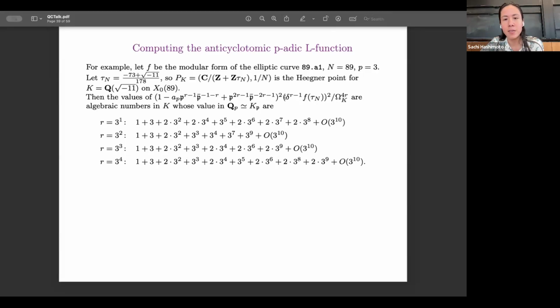And then rather than printing for you the values of just the Shimura–Maass derivative of f evaluated at the CM point, first I'm going to normalize that by the appropriate period, and then I'm also going to square the whole thing and multiply by a certain factor here. It's like an Euler factor.